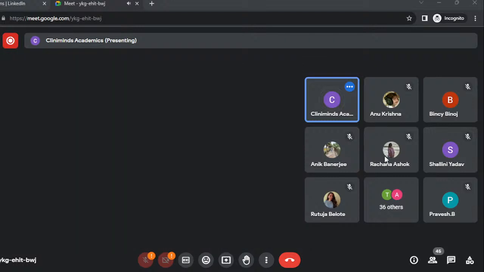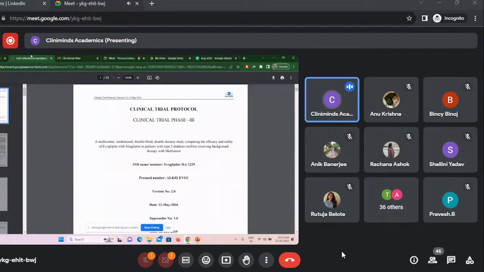The header. Then after that, you can see the emblem of the sponsor is given. Then what is next? A heading is given: protocol, clinical trial protocol.